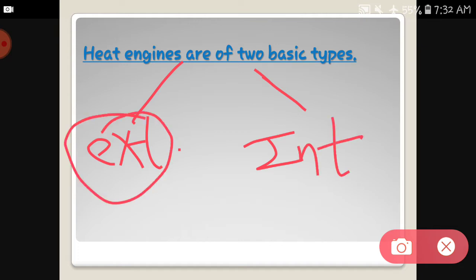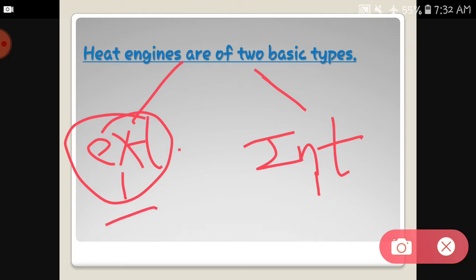What happens in an external combustion engine? The working substance is heated externally. That's why it is known as external. And when the working substance is heated internally, it is known as an internal combustion engine. Now what will be the example of both of them?